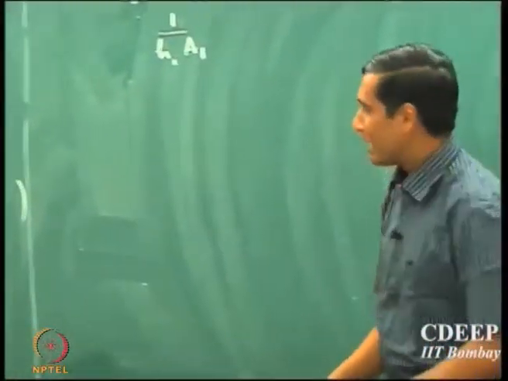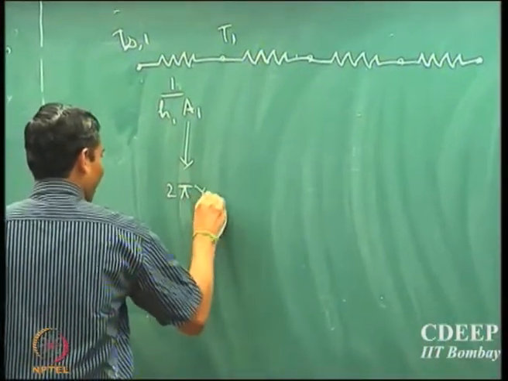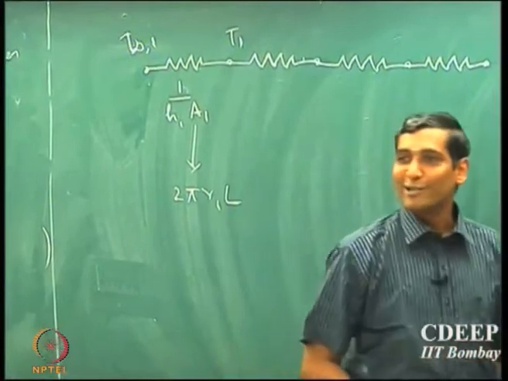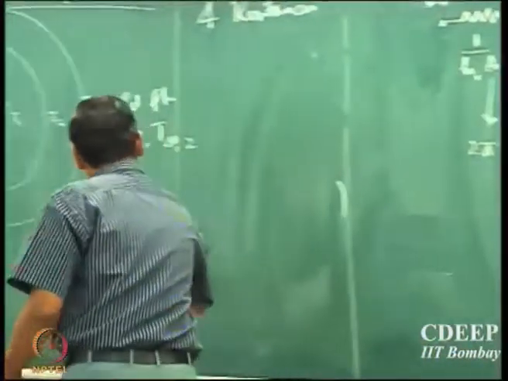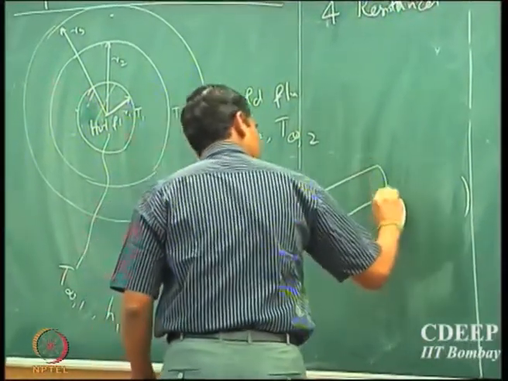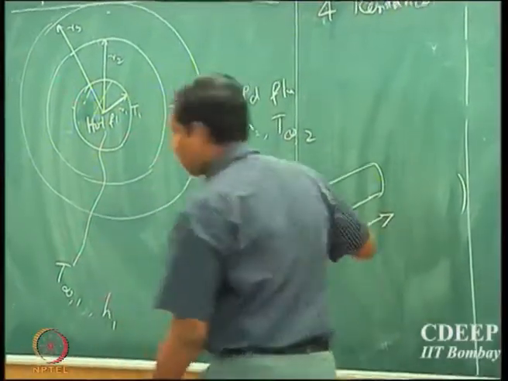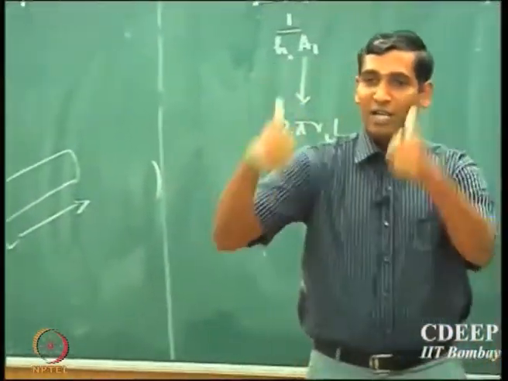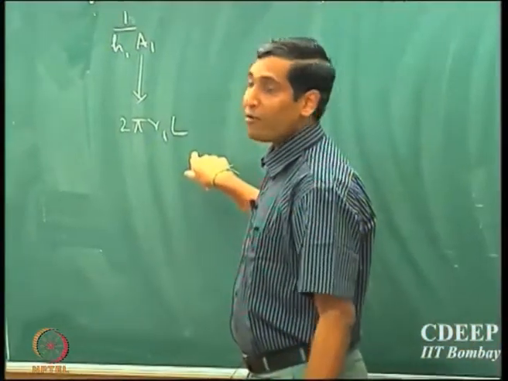It is 2 pi R1L. So, it is not the cross sectional area, the heat transport is actually occurring along the curved surface. If this is the length, the heat transport is occurring along the curved surface of the cylinder, and so the area is 2 pi R1 into L.